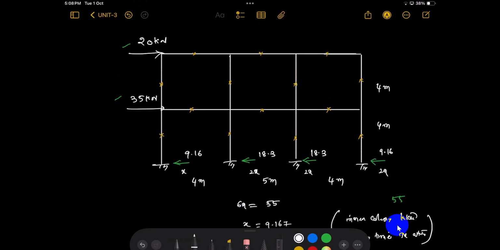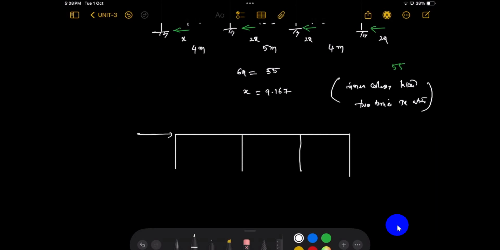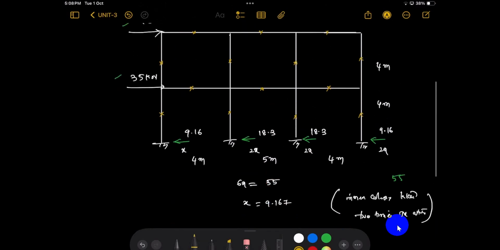For the top story, you can write down the free body. If you see the free body, this is the 20. This is resisted by this story shear. If you put a hinge, this is the hinge.